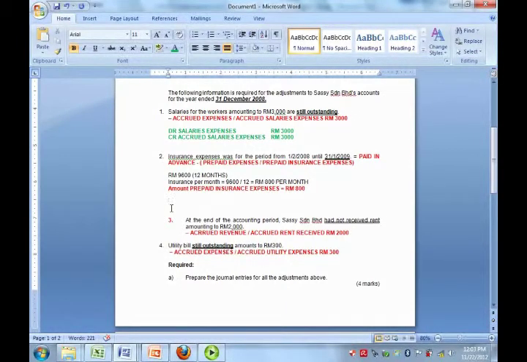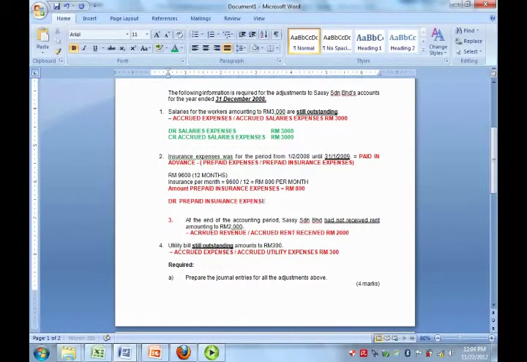Prepaid. Prepaid insurance expenses. Before you want to classify it either debit or credit, you must know. Classify prepaid insurance expenses. Is it considered as current asset or current liabilities? Because of the current asset, you have to put in debit side. Debit what class? Debit prepaid. Why debit prepaid? Because it is current asset.